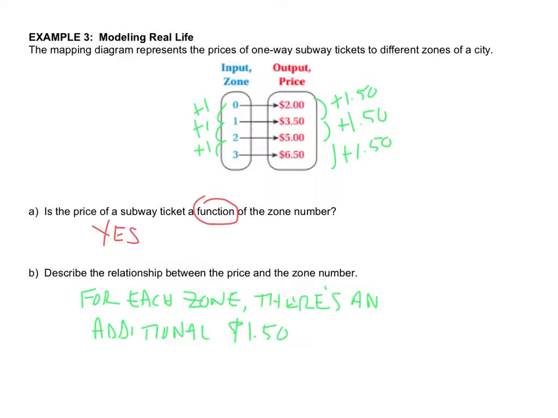And that would be a way to describe the relationship that we're seeing between the zone and the price as I go further into the city or out of the city, depending on which way the train is headed.